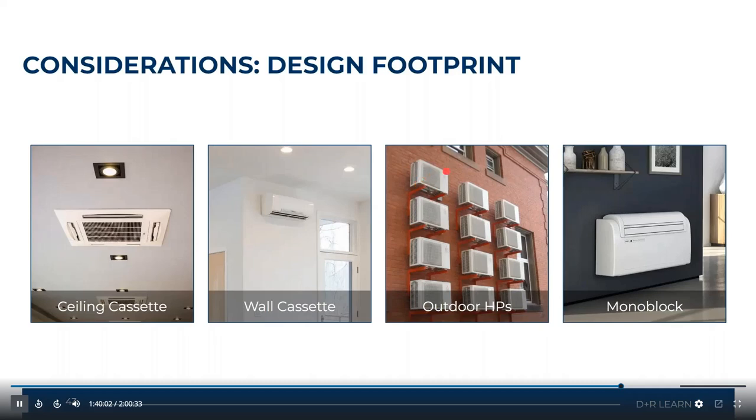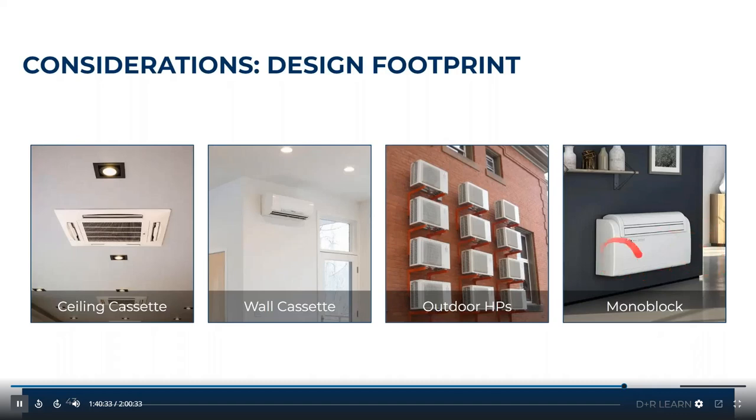I mean, you have all your heat pump systems outside of this facility, and it looks like they've calculated for the much needed area of space around each system, so that way each system can breathe and do the work that it needs to do properly with the correct amount of space around each one. So you want to make sure that you keep your design footprint relatively clean. It also makes for maintenance a lot easier.